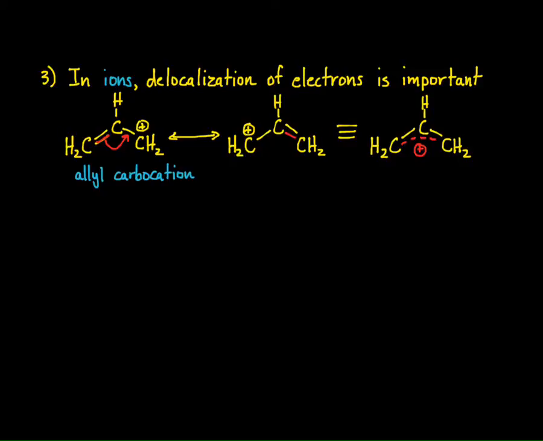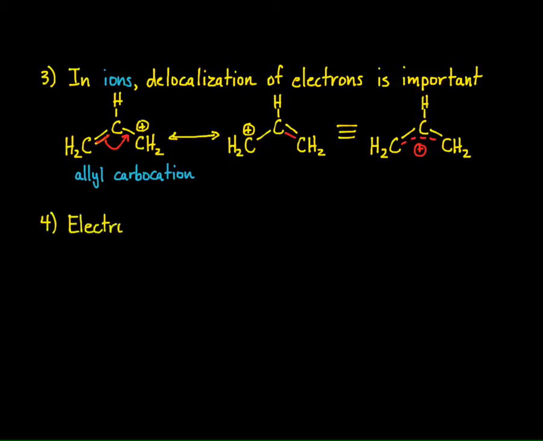When they are ions, something has to have a charge. When you can delocalize the charge between 2 carbons, that stabilizes the particular ion. And so the allyl carbocation is stabilized because each carbon is accepting half of that positive charge.